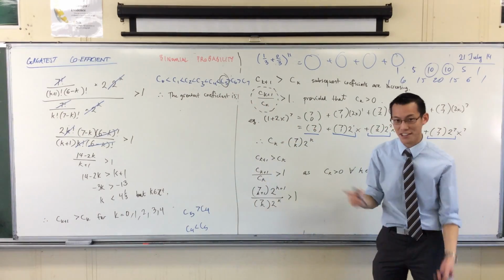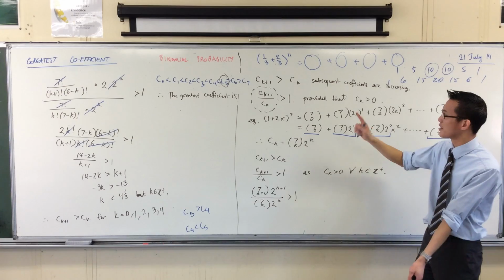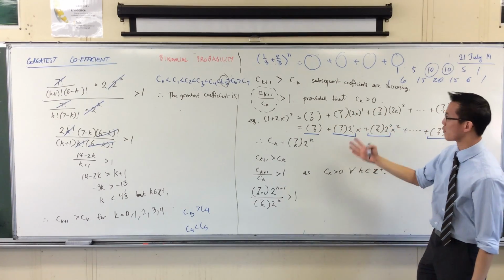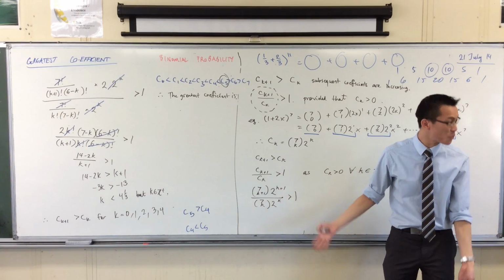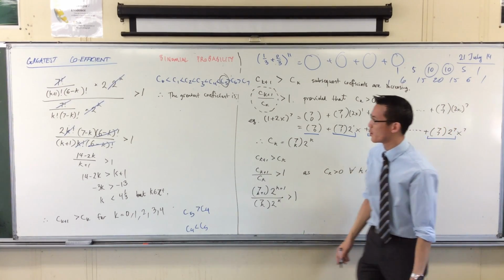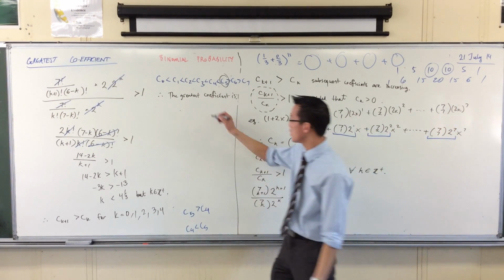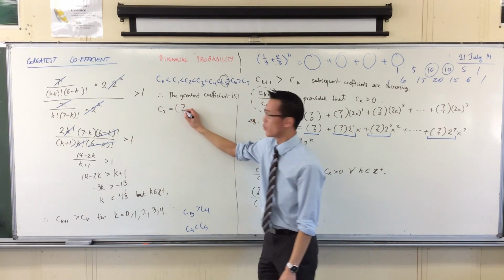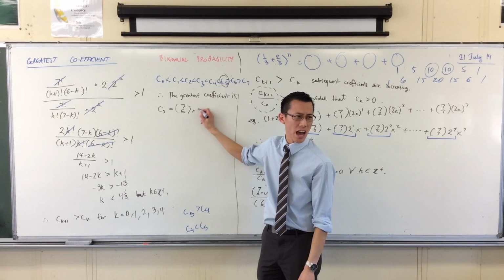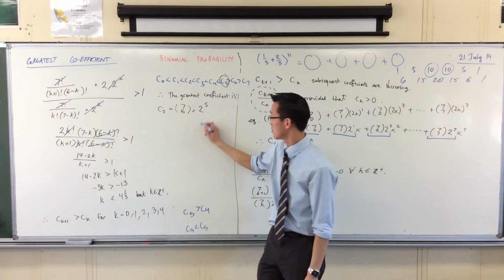Now C5. I actually know what C5 is because I went to all the effort of, except that I rubbed it off, working out what the kth coefficient was, right? So actually you can help me. I think we said it was C5, which is 7 choose 5 times 2 to the power of 5, yeah?